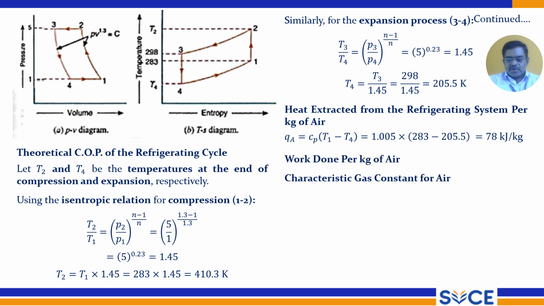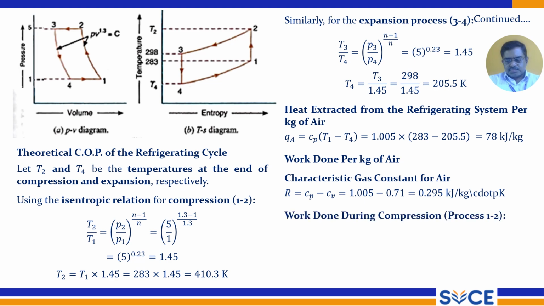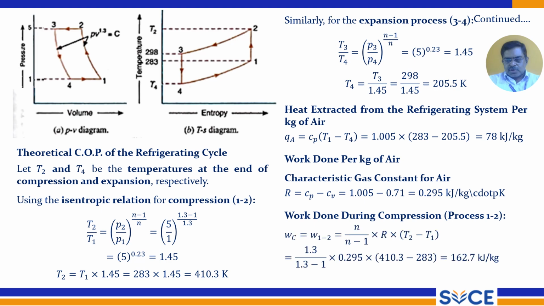For work done per kg of air, the characteristic gas constant for air is R equal to Cp minus Cv, that is 1.005 minus 0.71, which becomes 0.295 kilojoules per kg Kelvin. The work done during the compression process, W equal to W1 to 2, is n by n minus 1 into R into T2 minus T1.